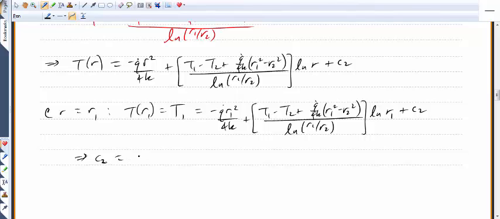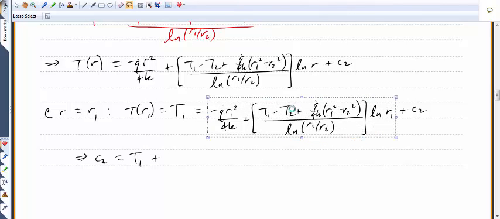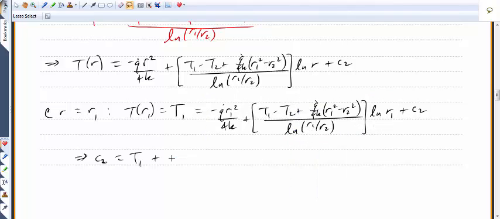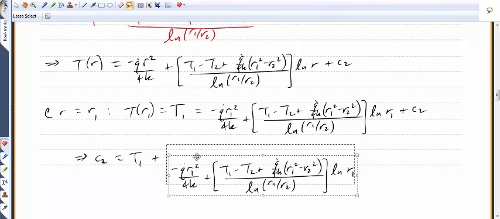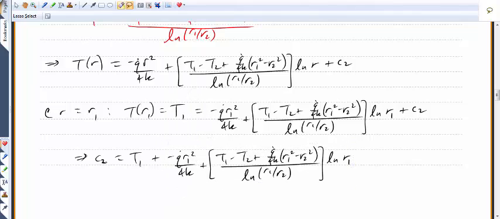And c2 is going to be T1 plus q dot r1 squared over 4k, then minus T1 minus T2 plus q dot over 4k times r1 squared minus r2 squared over natural log r1 over r2, all that times natural log of r1.